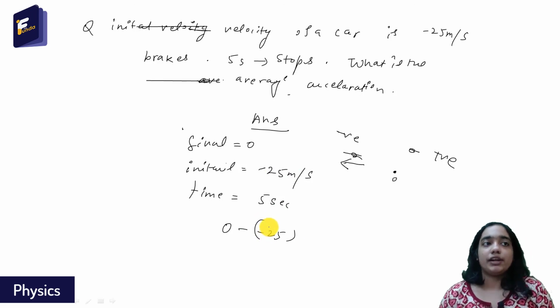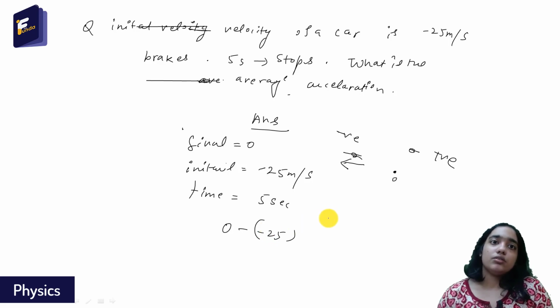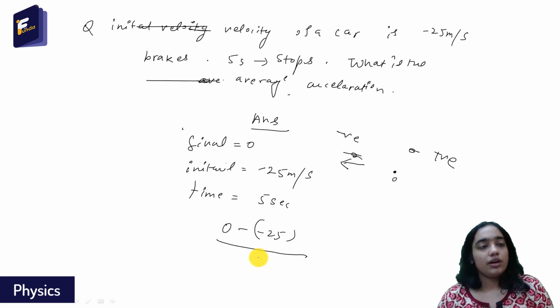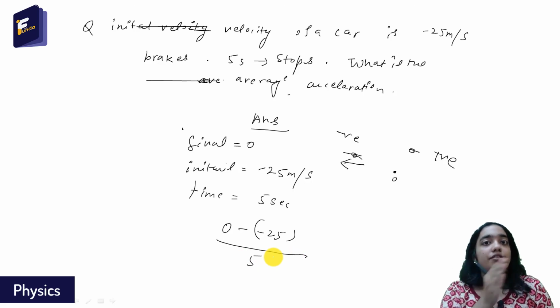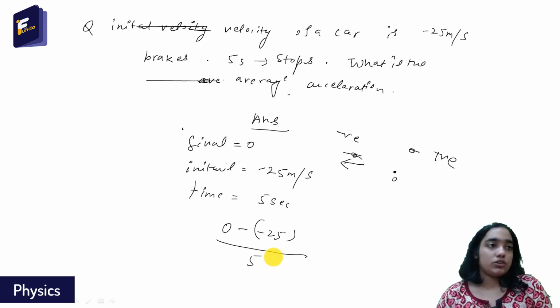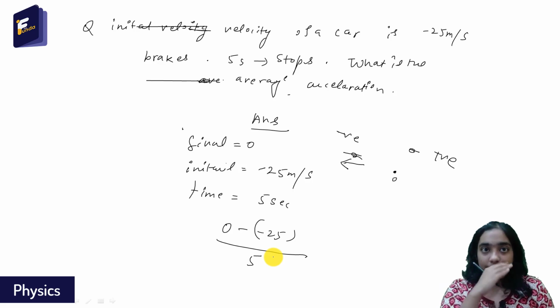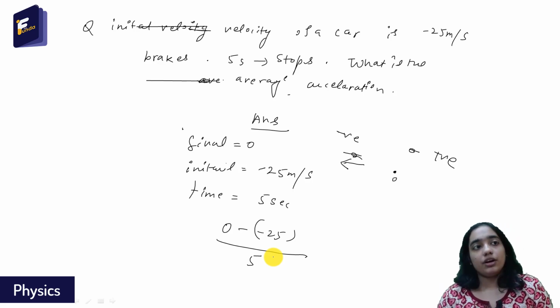Don't put 25 instead of minus 25. So it is 0 minus minus 25 by 5. This is our definition of average acceleration. So it will be 25 by 5, equal to 5 meter per second square.